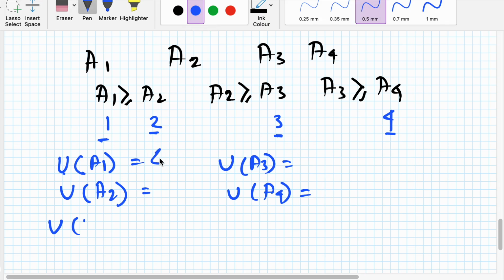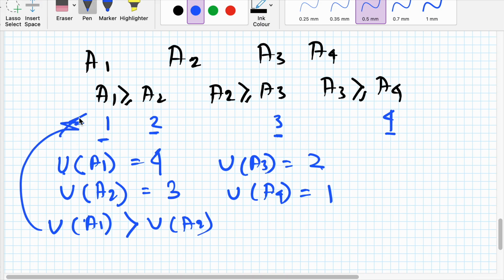So U1 is 4, U2 is 3, then 2, 1. Then you will see that utility of A1 is higher than utility of A2, which satisfies this relation.